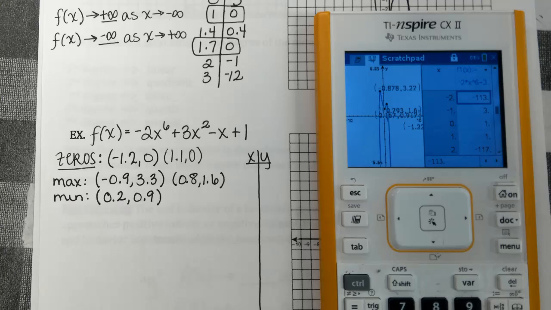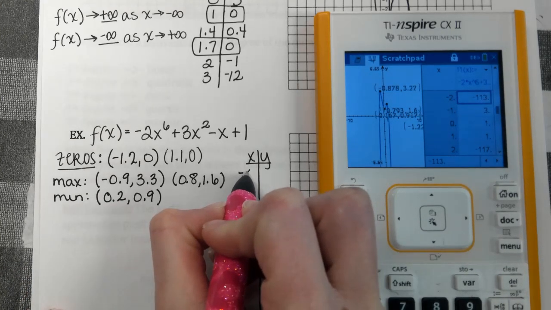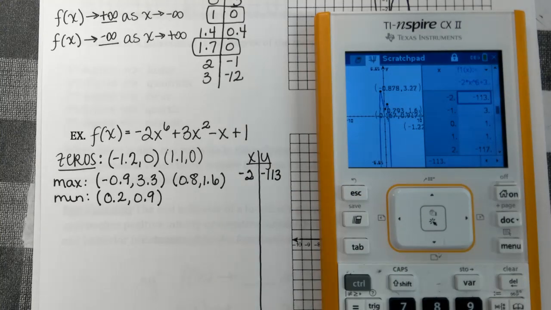I know -113 isn't going to go on your graph, but putting it in your table so you know just how far up it's going so you don't make it a wide graph could be helpful for you. Okay, the accuracy might be good for you to put. So -2, -113, just to know. You don't have to, but it just might help you.